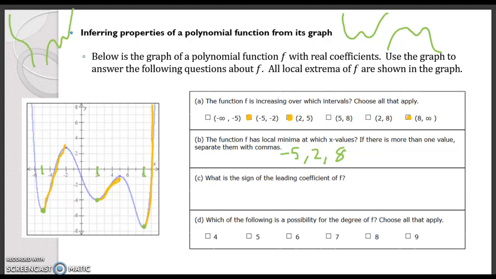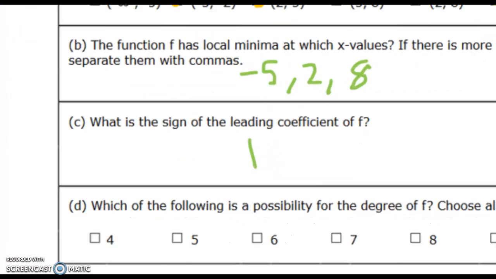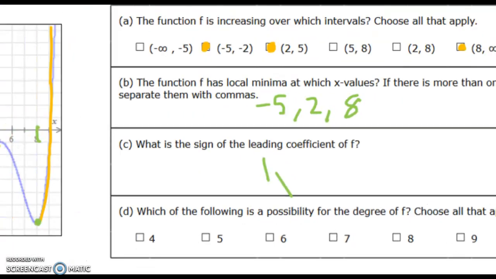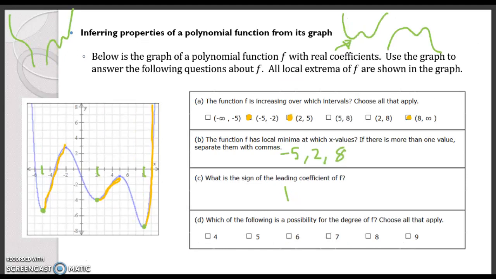But we have something like this one where it opens kind of up, right? We have increasing to the left and increasing to the right. So that means we have an even degree and a positive leading coefficient.